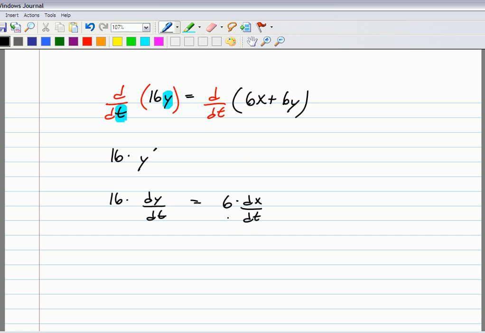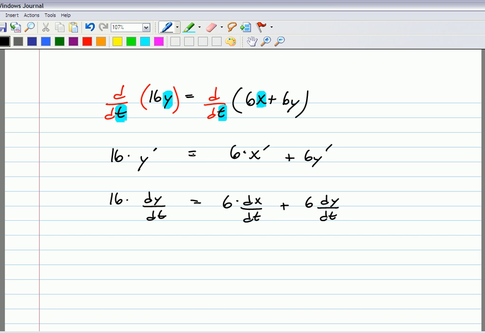Whoa, why does dx/dt show up? Why is that 6x prime? I thought it would just be 6. No, you're differentiating with respect to time. Your variable is x. That's why you're seeing x prime. And then for 6y, you get plus 6 dy/dt, plus 6y prime.